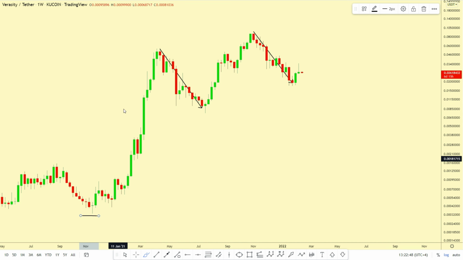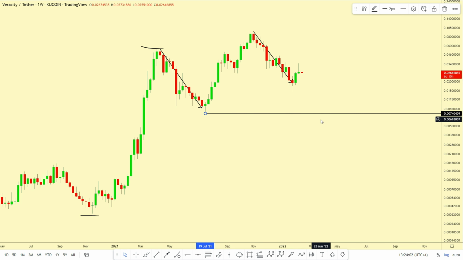So this was a low here, and this was a high, and this was a higher low, this was a higher high, and at this point we are still in a higher low. Even if the price pulled deeper from here and let's say it goes down further towards the 1 cent area, that's still a higher low, higher than the previous one which we had over here. The only case that will confirm a trend reversal is if the price goes below this last low over here, breaks below it, and forms a new lower low. And that hasn't happened yet.